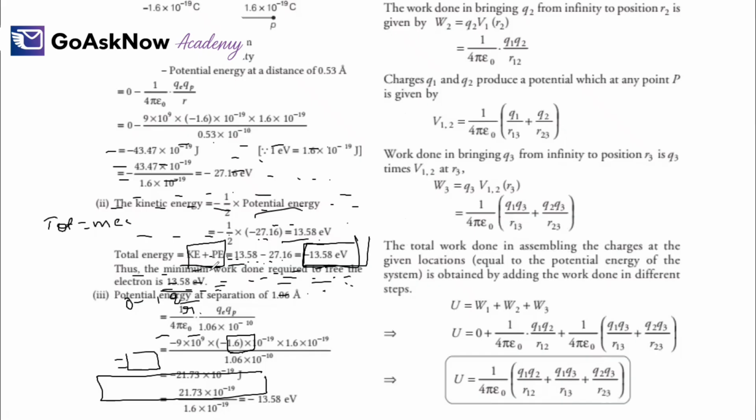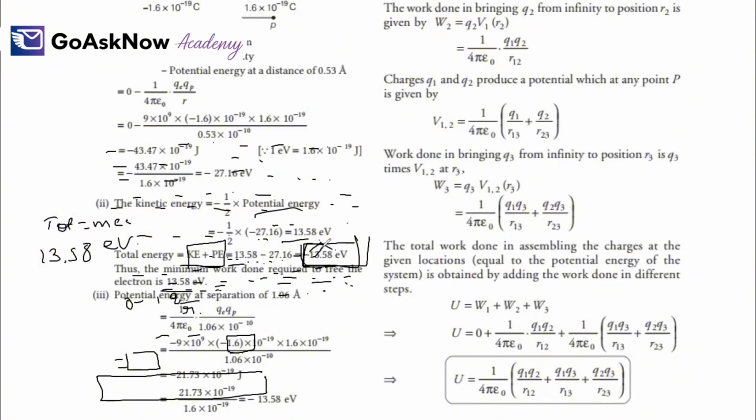So if you have to remove the electron and make it a free electron, you have to do this amount of work. So 13.58 electron volt will be the answer for this. I have taken the negative of this, that is why 13.58 electron volt will come.